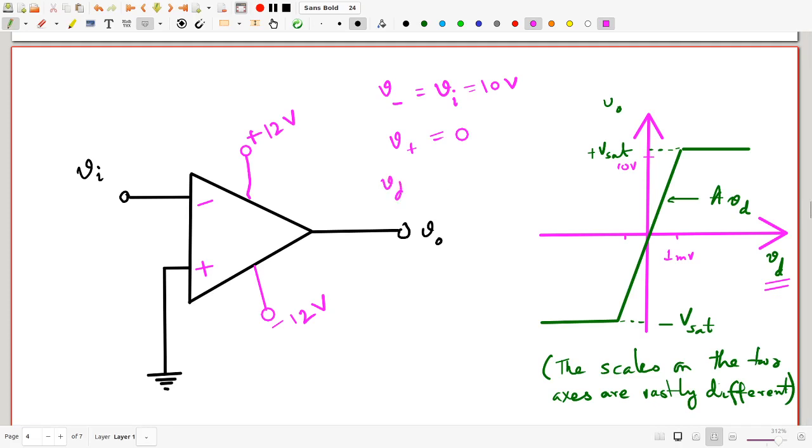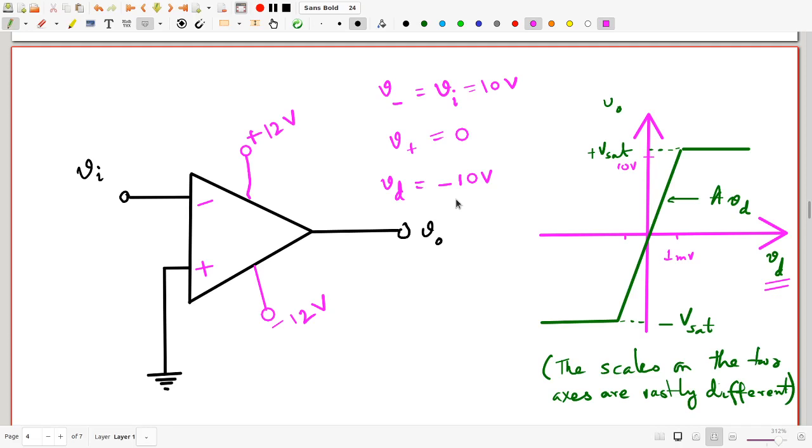So what is Vd? Vd is V plus minus V minus, that's minus 10 volts. If you blindly applied the A times Vd formula, taking a gain, just to be conservative, of 10,000, this would have predicted an output of minus 100,000 volts. That's of course absurd. Because of the power supply limitation, the output will not go beyond minus 12 volts.